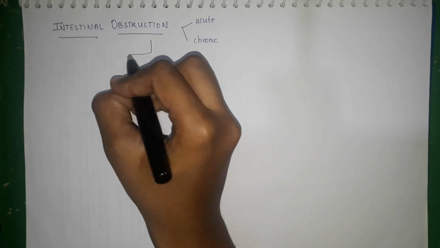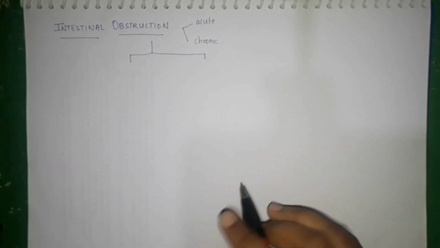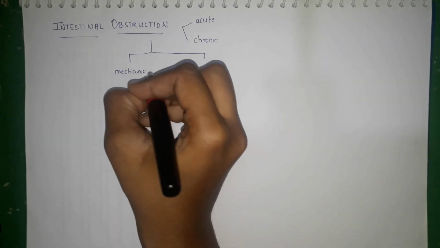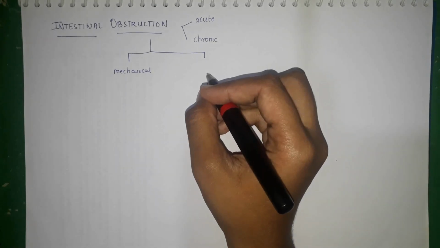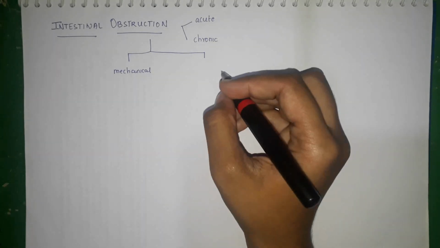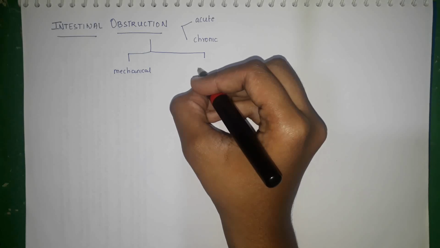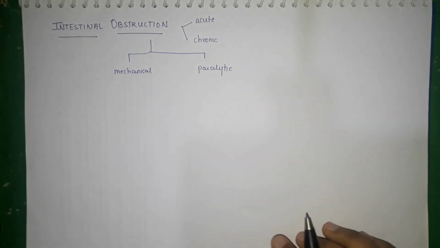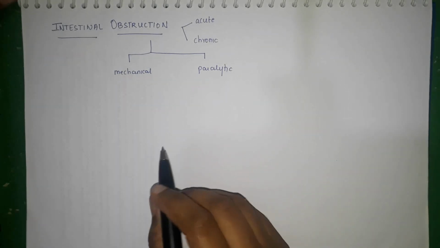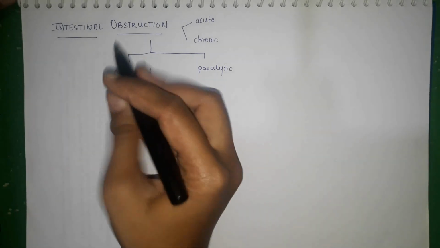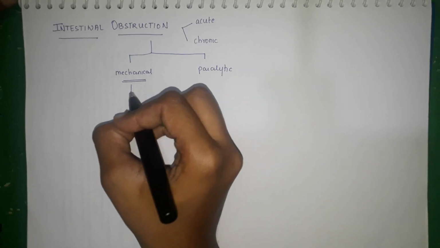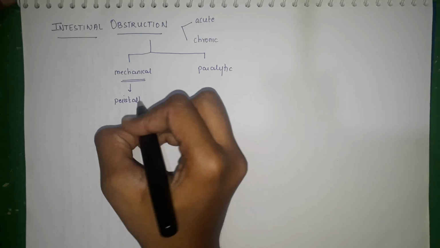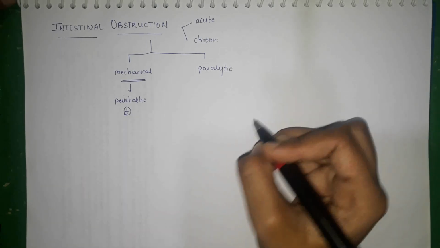One more method of classification, this is the most commonly followed, is mechanical intestinal obstruction, also called peristaltic intestinal obstruction, or non-peristaltic, that is paralytic. This is a very common method of classification because in mechanical obstruction, the peristaltic activity of the intestine is present, it's active.